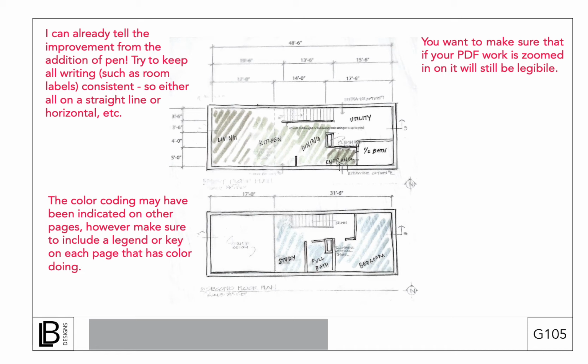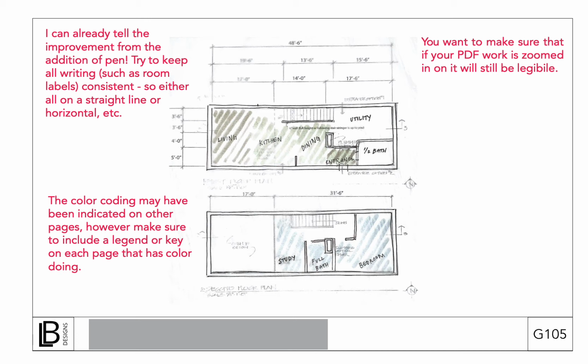So all of them on a straight line, or all of them on the diagonal line, whatever works best with your design, as much as can be. Try to keep that a little bit more consistent. And then again, you will want to have color coding on this page as well, because you are using the colors here also.